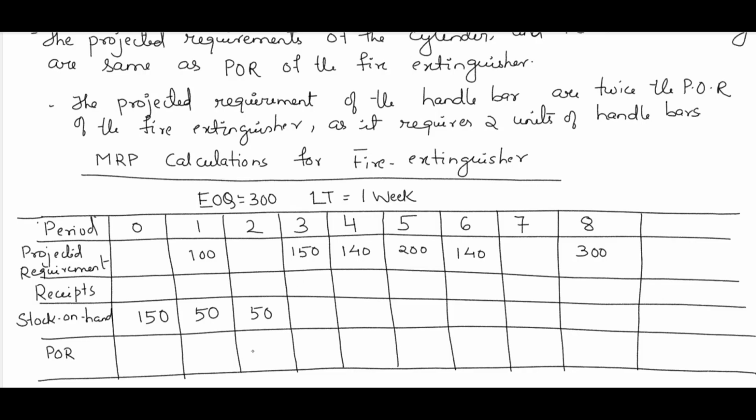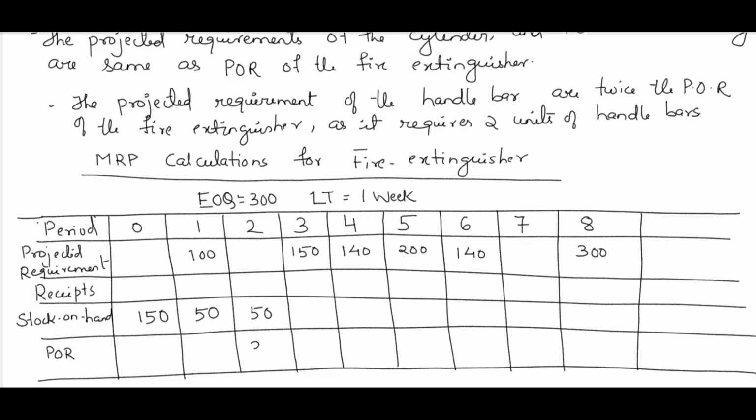So I'm writing planned order release. Planned order release is the ordering. How much quantity will we order? 300, before 1 week. That means before we need it in the third week, we will be ordering in the second week.